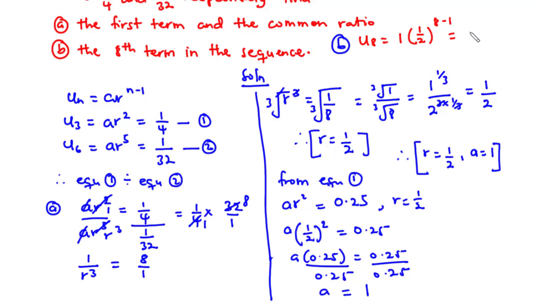Now this is the same as 1 over 2 exponent 7. According to indices, this becomes 1 exponent 7 divided by 2 exponent 7, which is equal to 1 over 128. Therefore, the 8th term of this sequence is 1 over 128.